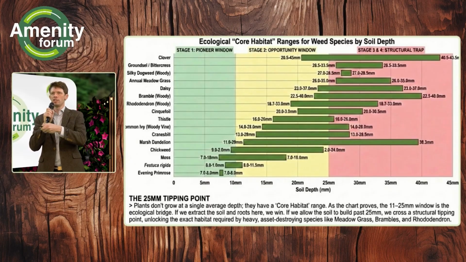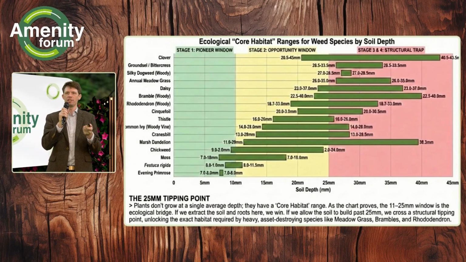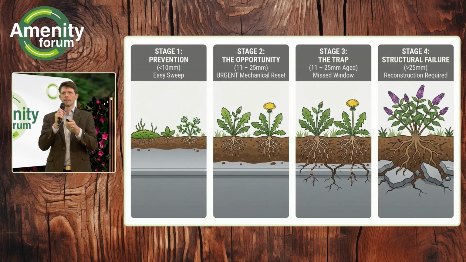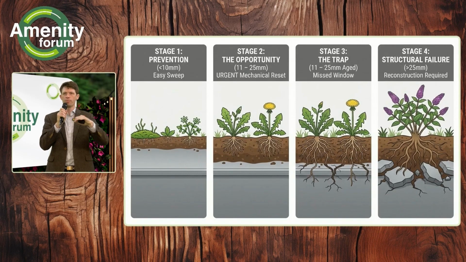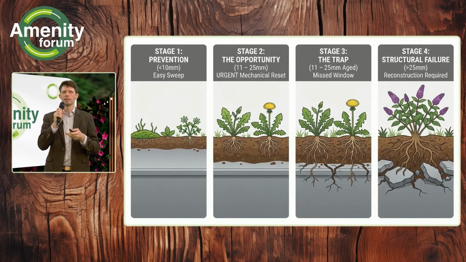And then stage 4, you start getting woodier species, which happens beyond 25 millimetres. Stage 1, as I've designated it, is where the roots are completely floating, and there's very little risk of getting something entering the tarmac or the hard surface underneath. These are the pioneer species.